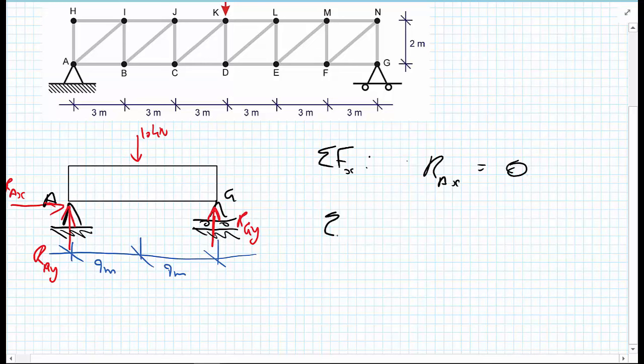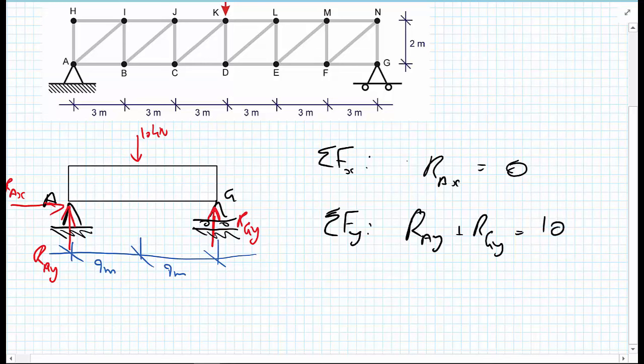Let's take the sum of the forces in the y direction now, and we're going to exploit symmetry in this situation. So we have RAY plus RGY equals 10 going down.